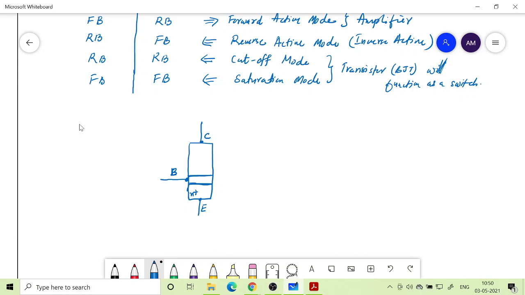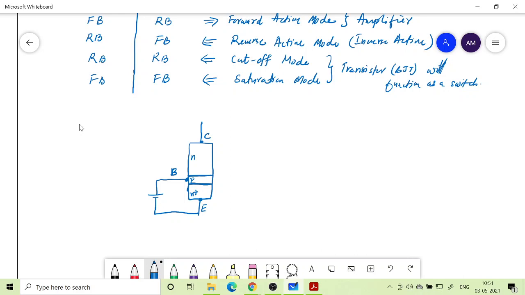So the emitter base junction we want to forward bias. If this is an NPN transistor, that means the base should be more positive compared to the emitter, because the P side is base and the N side of the junction is emitter. So in order to forward bias, we have to apply the polarity of the battery like this.